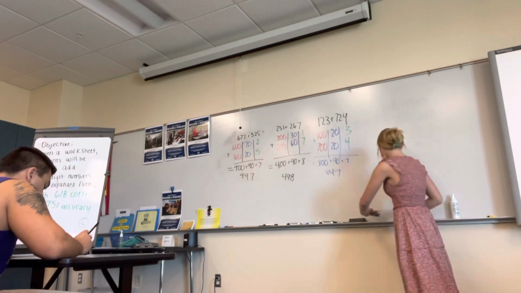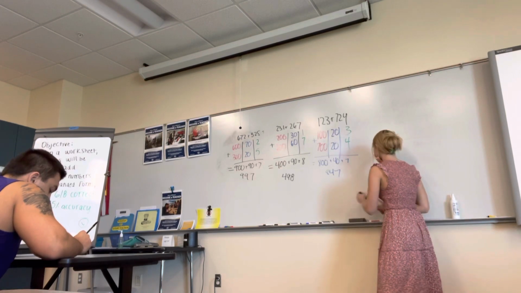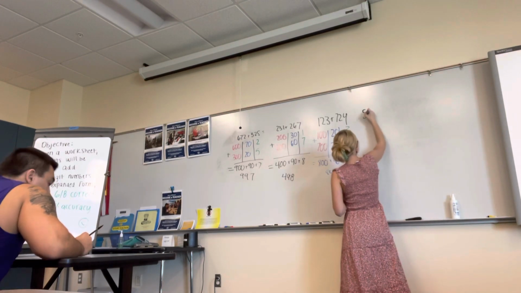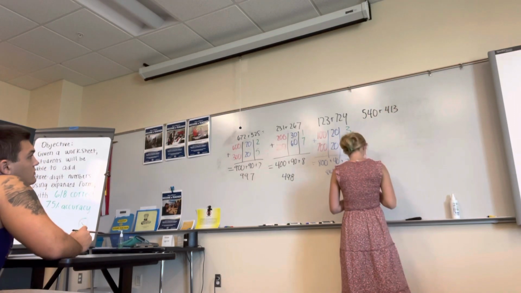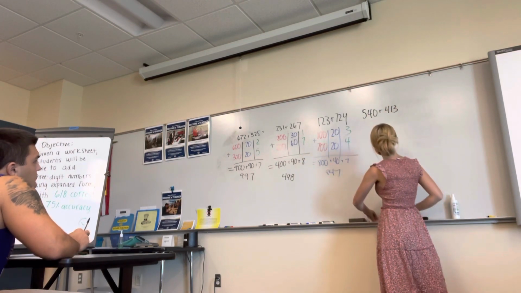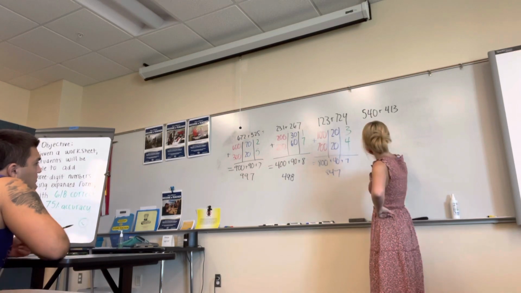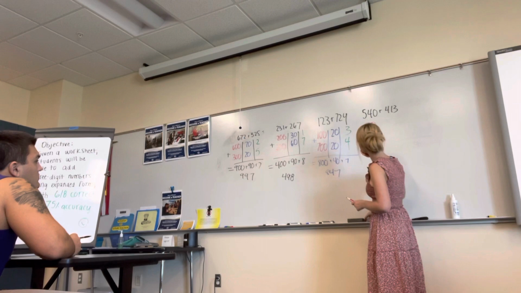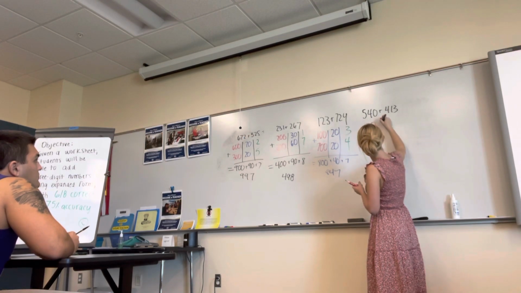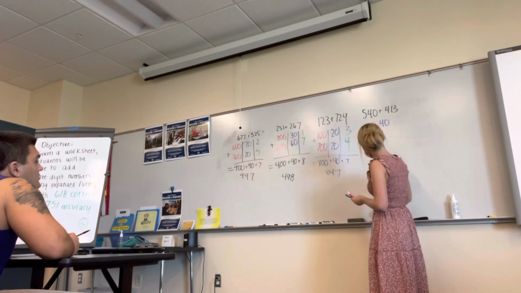What is our next one? 540 plus 413. Step 1, break them down by their place values. 500, 40, and 0.